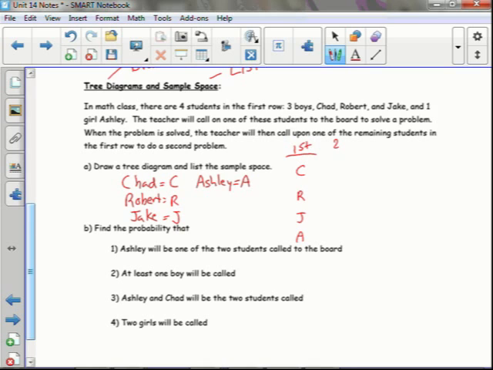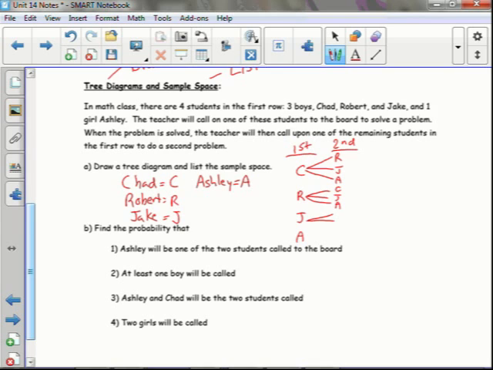And then for our tree diagram, we're going to branch off of that. Each one of these is going to have 3 options. So if she called Chad first, she could then call Robert, Jake, or Ashley. If she called Robert first, there's going to be 3 people left: Chad, Jake, or Ashley.